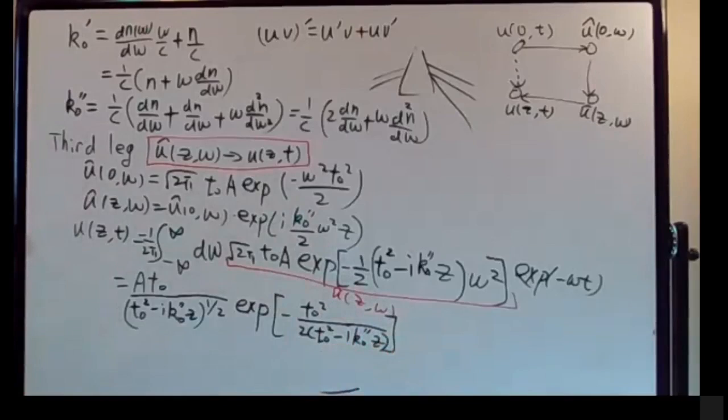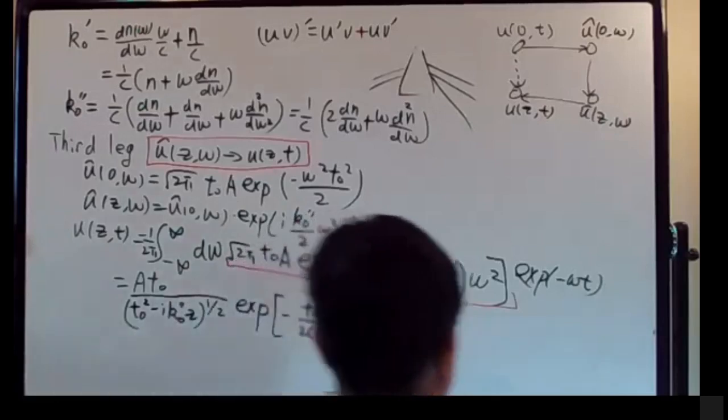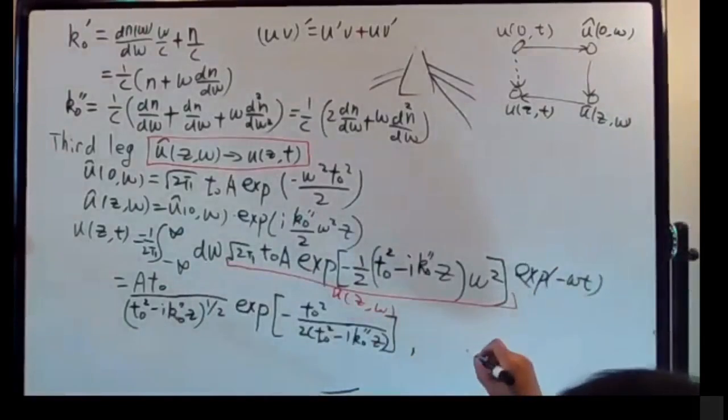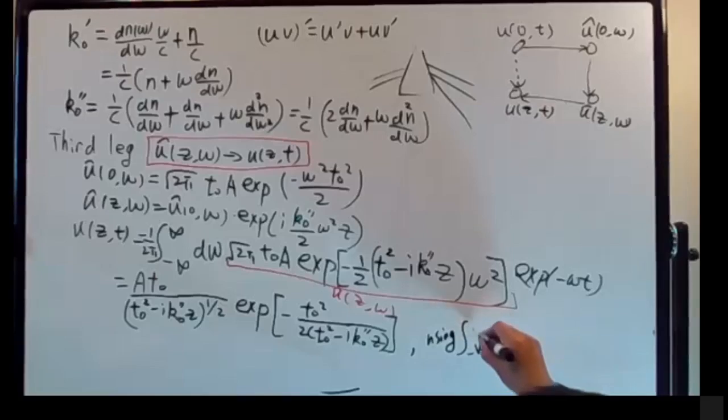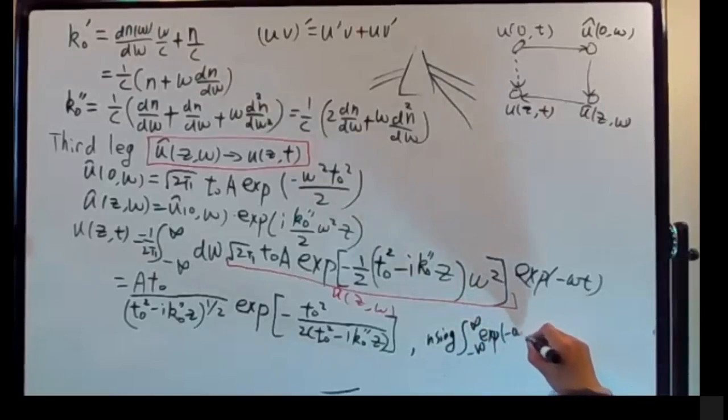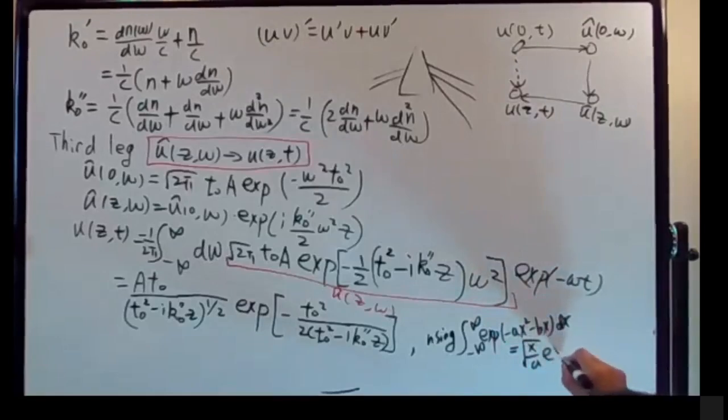What we are going to use is this integral: negative infinity to infinity of exponential negative a x squared minus b x dx equals square root of pi over a times exponential b squared over 4a.